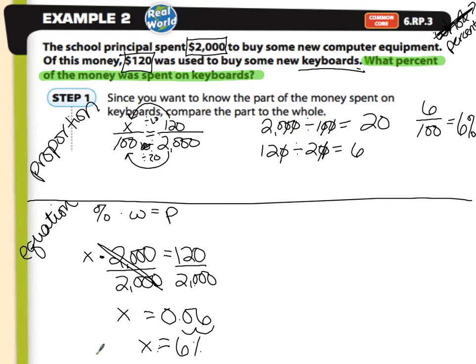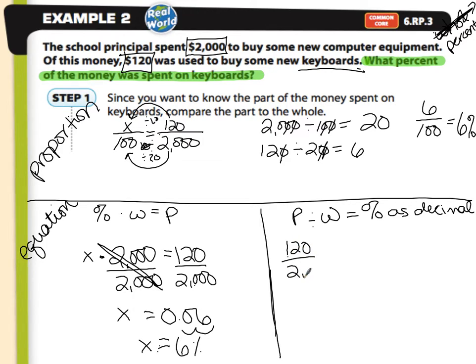Okay. Another way we can look at it, part divided by whole is always going to give us our percent as a decimal. It's always going to work that way. It's like a fraction. 120 out of 2,000. We've talked about this.